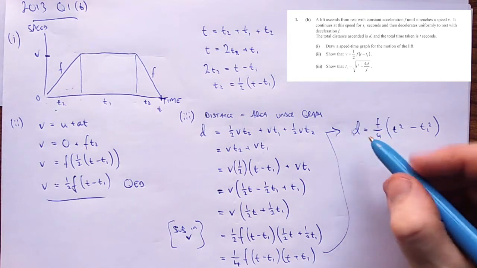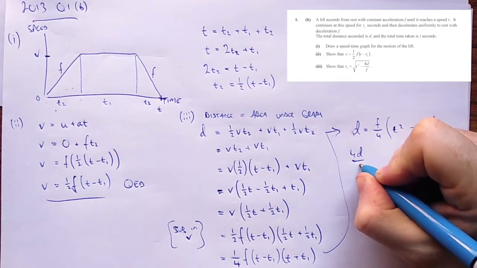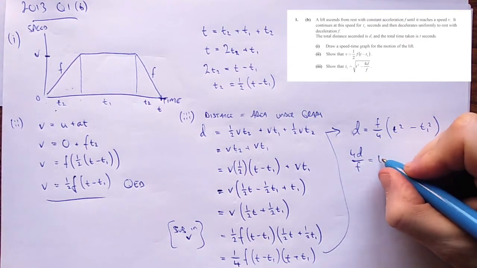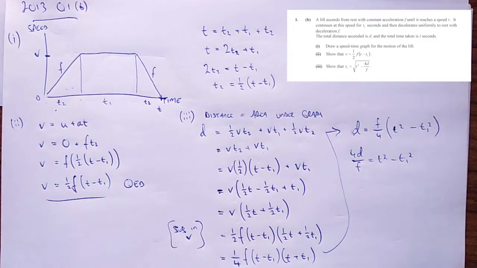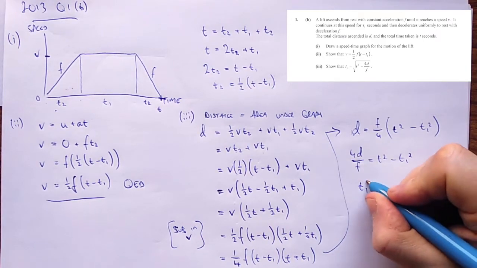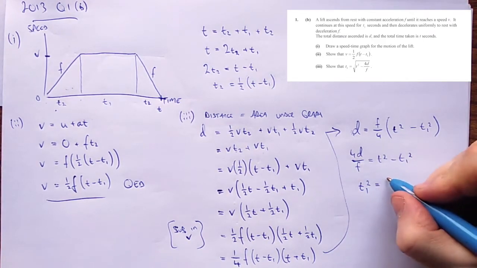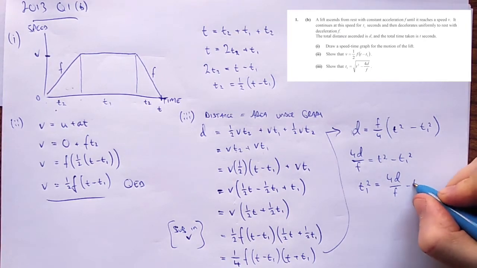So we'll send all these over together. Okay, 4d over f equals t squared minus t1 squared. We want t1 on this side, so let's rearrange. t1 squared equals 4d over f minus t squared.